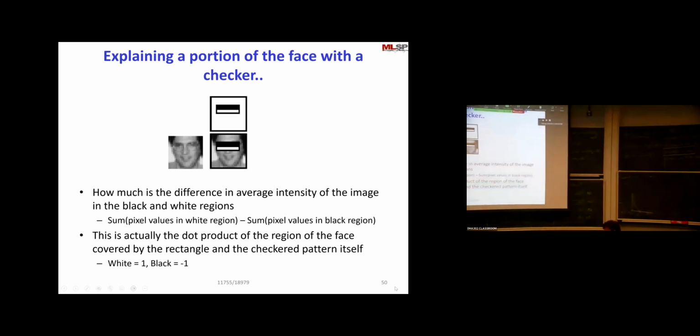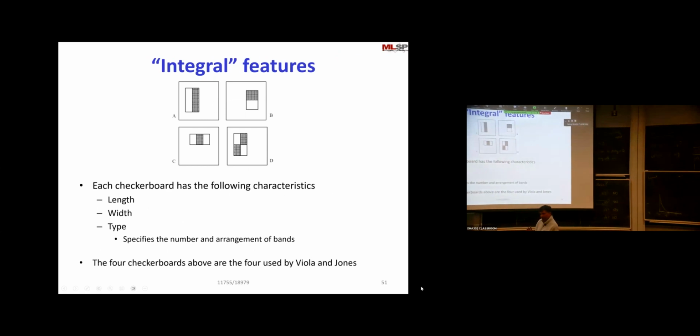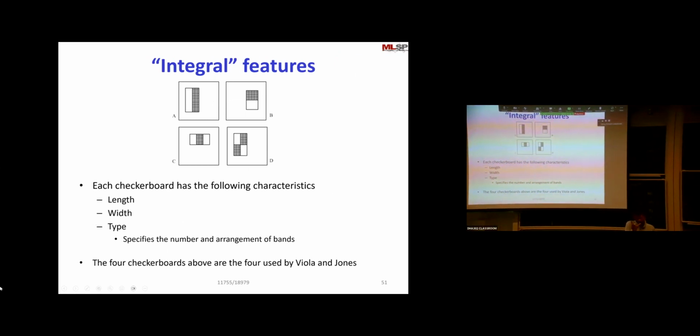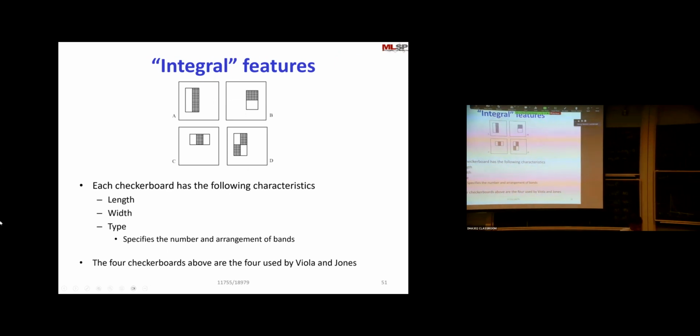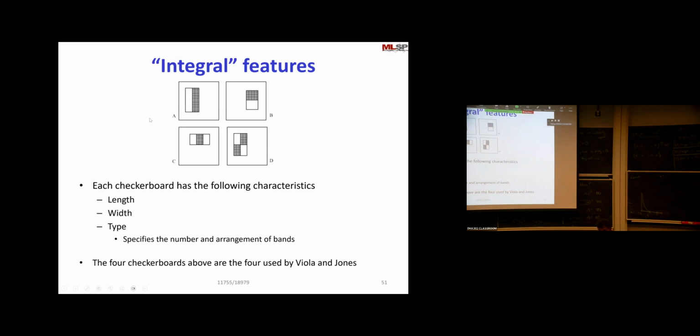Thank you. So here's what I'm going to do. By the way, these are what they called the integral features. You have these little checkerboards, and they are the 4 basic patterns. Their basic characteristics are length, width, the type. Is it this way? Is it plus minus? Is it minus plus minus?